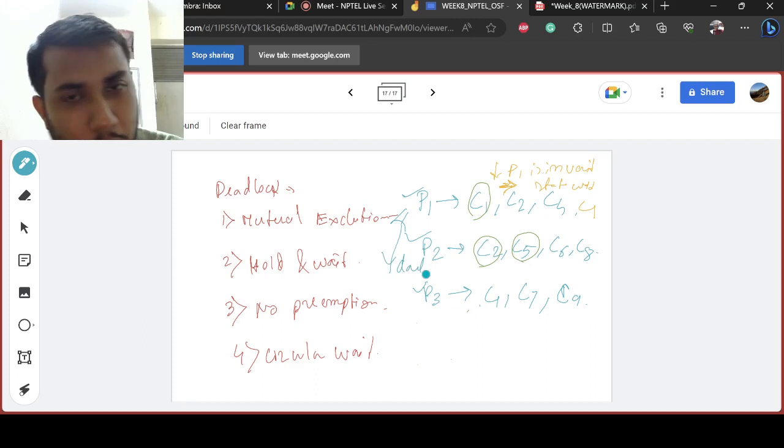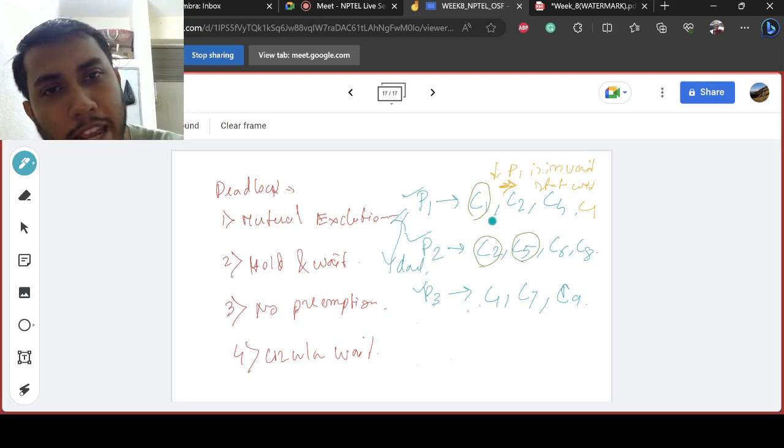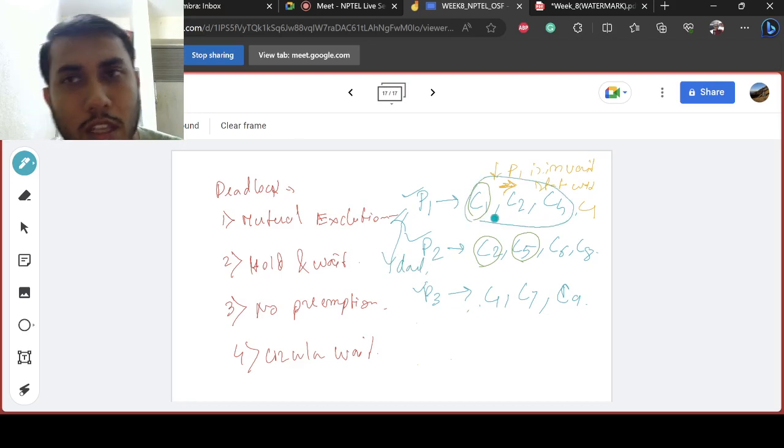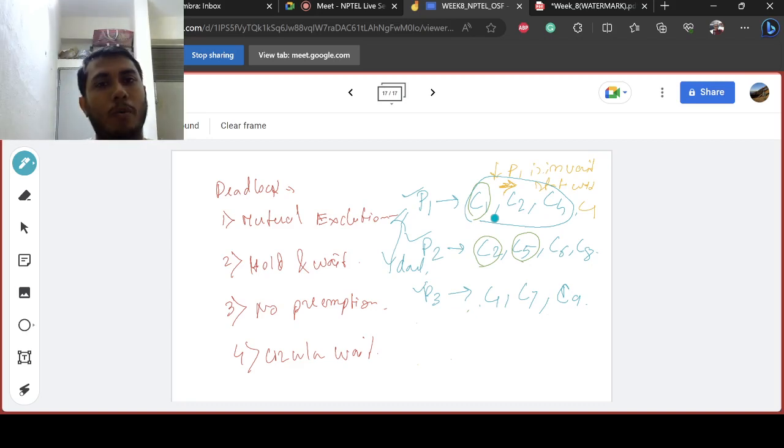So what will the prevention scheme do? Unless and until you are able to get all the resources, you are not given a single resource. So you have to acquire all at a time, not one at a time. If you're not able to get it, you will release all the resources and then go back.